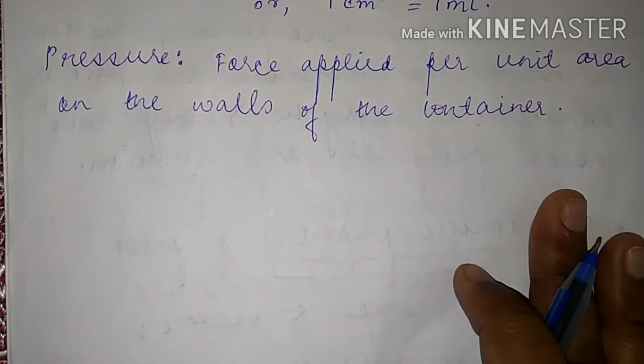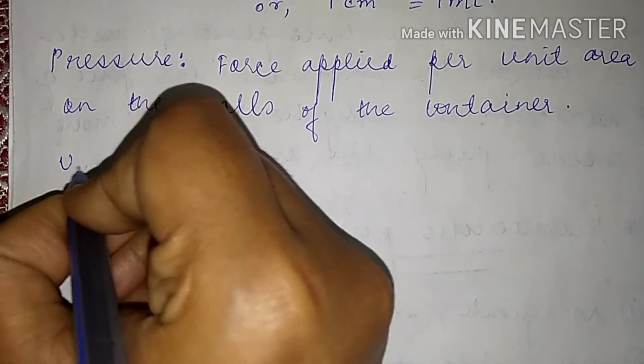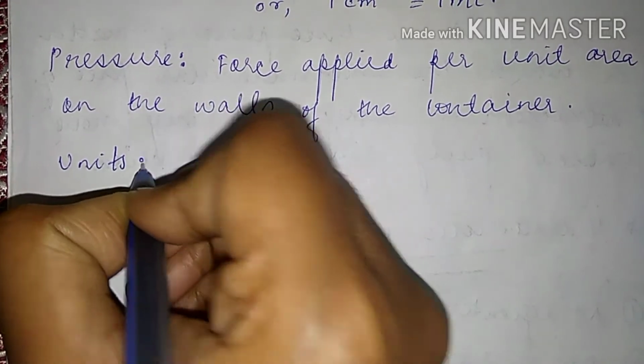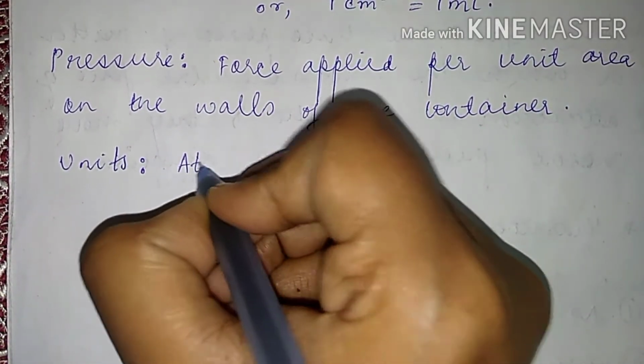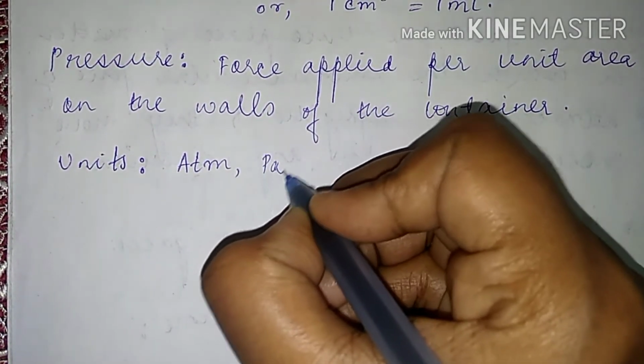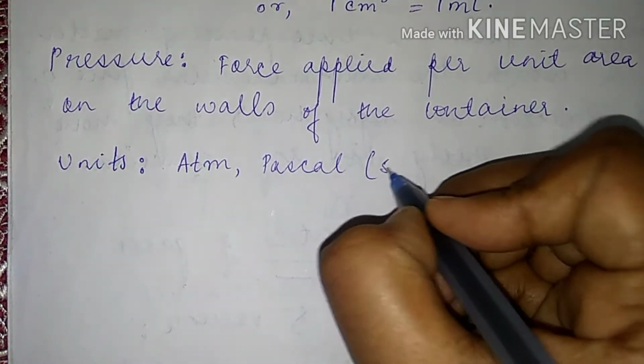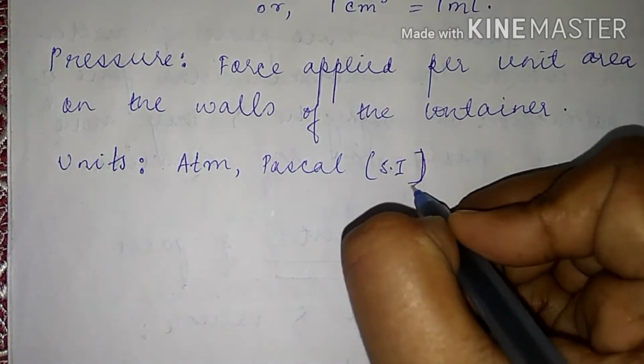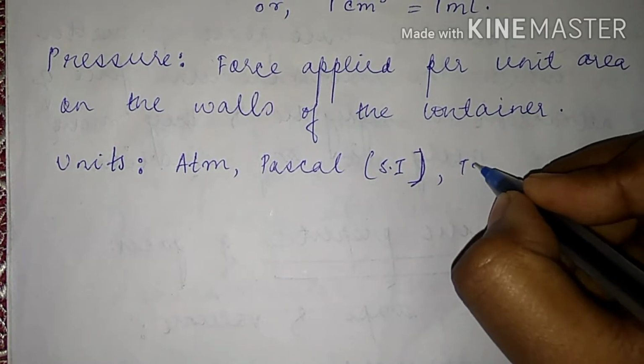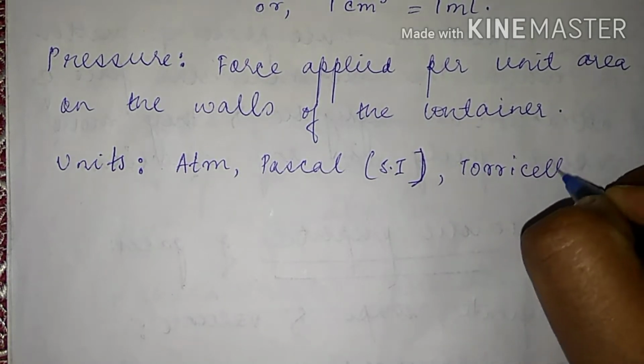Again, there are some units of pressure. Units of pressure are atm or atmosphere, Pascal, which is the SI unit of pressure, and torr or Torricelli.